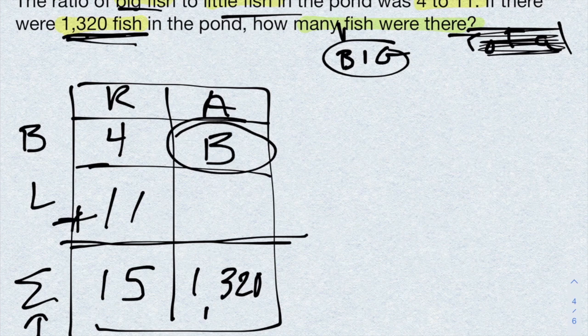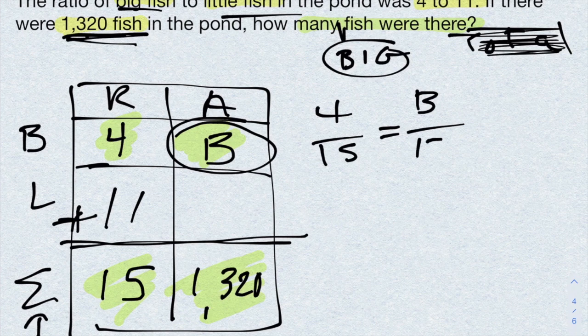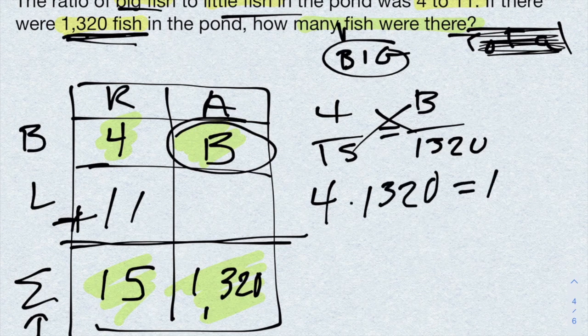Now I can make fractions with the 2 rows that I know. 4 over 15 equals B over 1,320. Okay, so from here I'm going to cross multiply. I get 4 times 1,320 equals 15b.